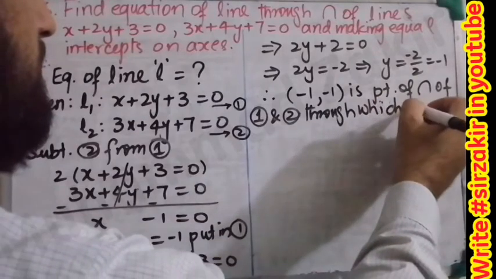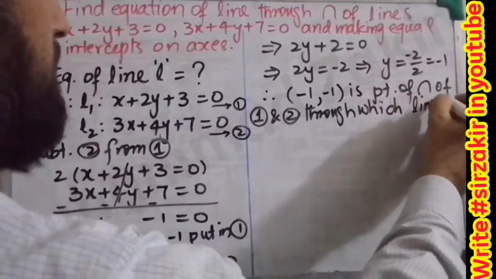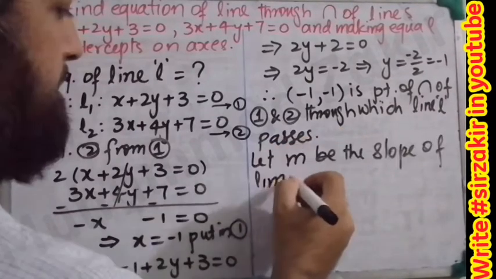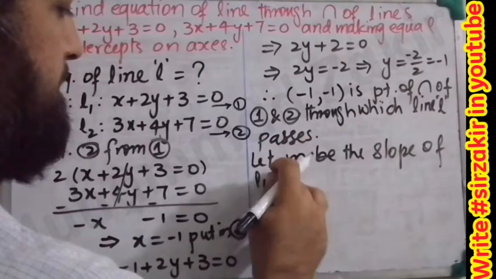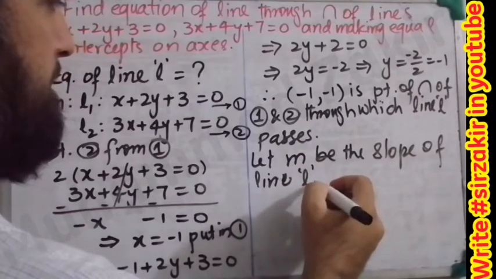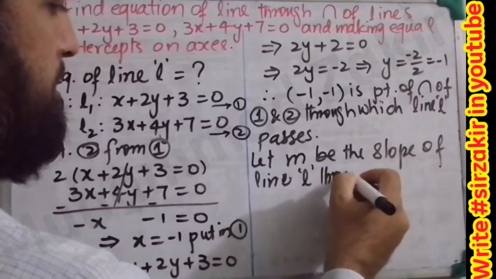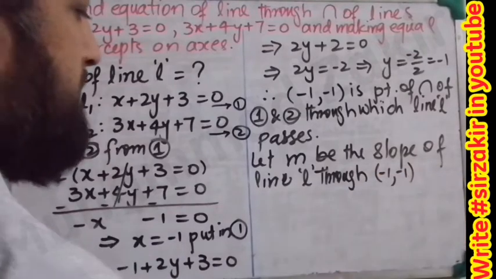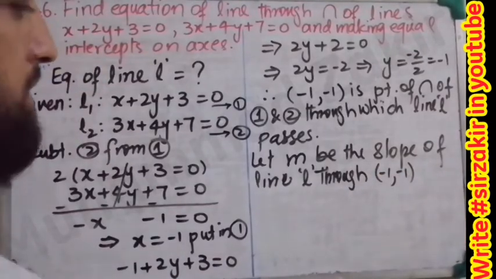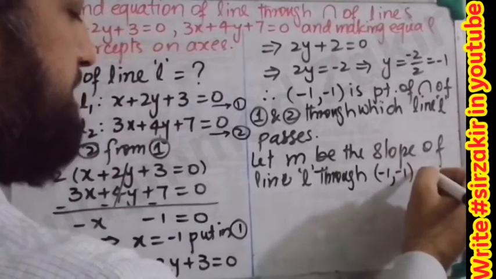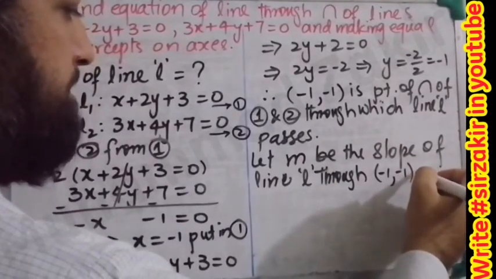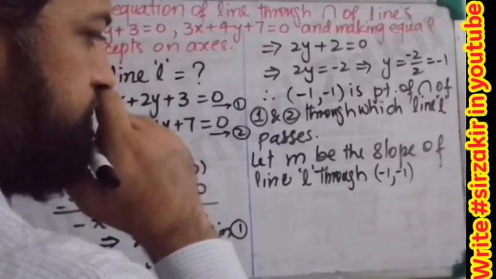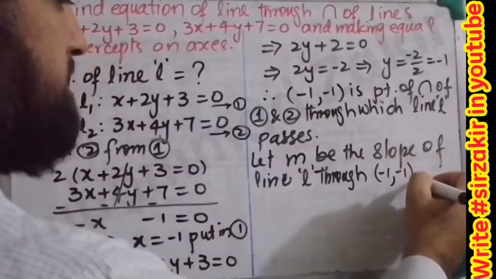Now, the required line L passes through the point of intersection of L1 and L2, which is (minus 1, minus 1). As we don't know the slope, we assume it as m and impose the second condition to get the value of m. So let m be the slope of line L through (minus 1, minus 1). So when the line has slope m and passes through this point, the point slope form will help us find its equation in terms of m.